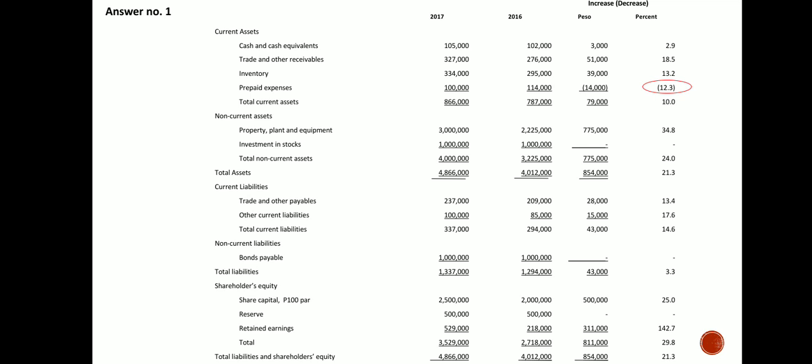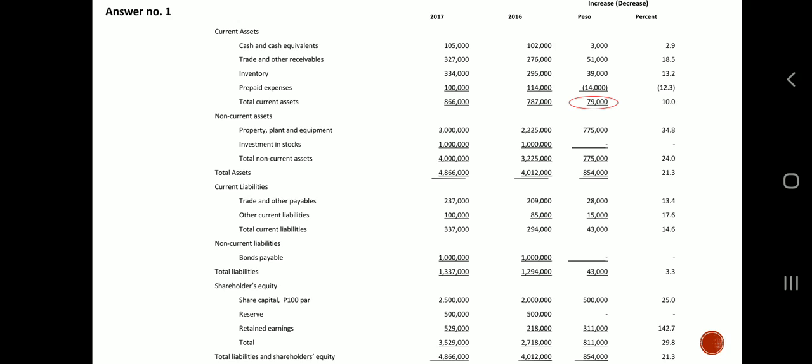Okay. For the total current assets, there is an increase of 79,000 pesos, from 787,000 in the year 2016 to 866,000 in the year 2017.